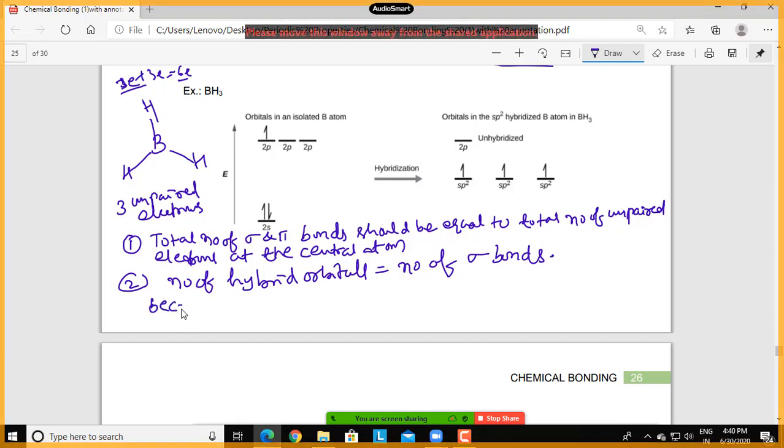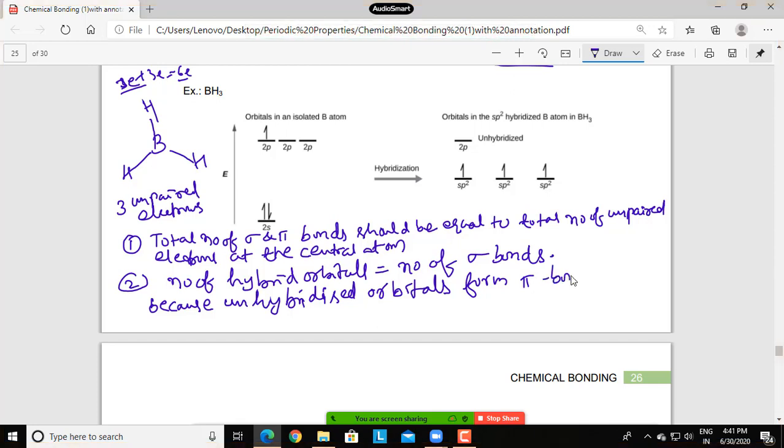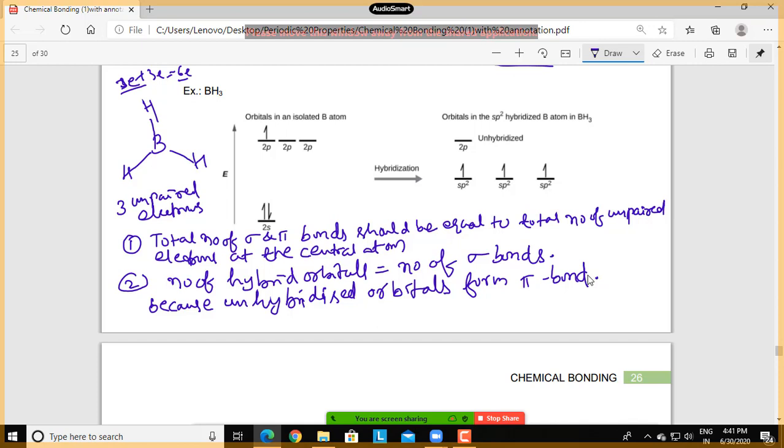Because unhybridized orbitals form pi bonds. Is that clear?